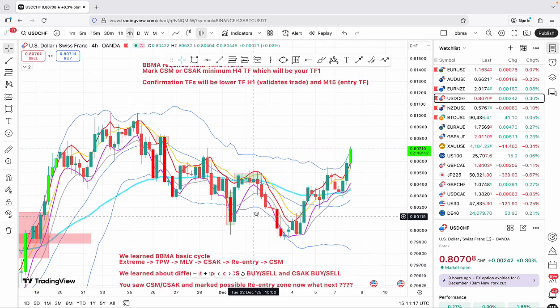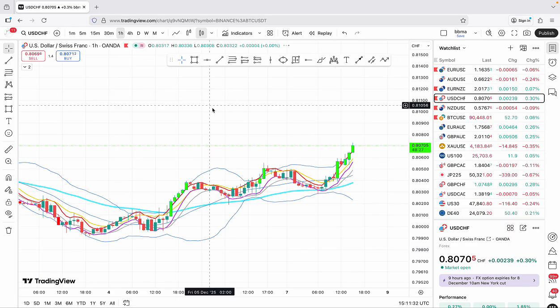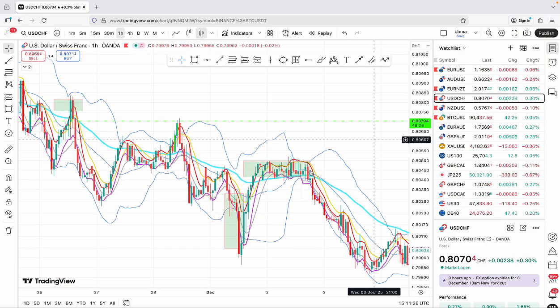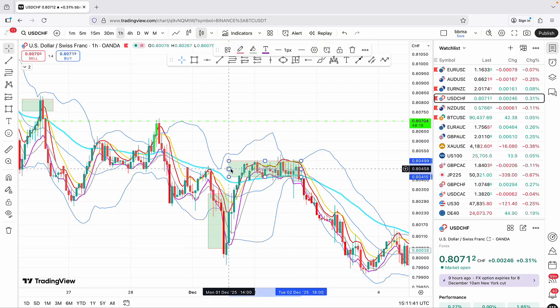We can try with this one. This is CSM sell. When we see CSM sell, we mark the zone, MA5/10 high. So the market will come to this zone. So how do we need to confirm? We need to switch to lower time frame, H1. See over here, there was no confirmation until it rejects from this top BB.